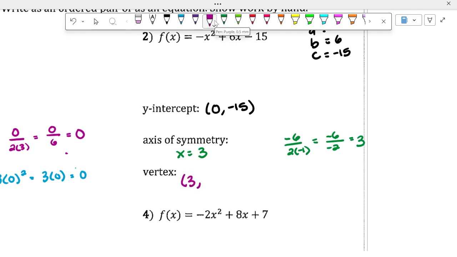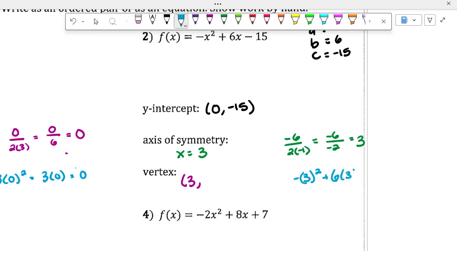So tell me how I plug the 3 back in to get my y value. Chris. So how do I plug it back in? What would it look like? So negative 3 all squared plus what?